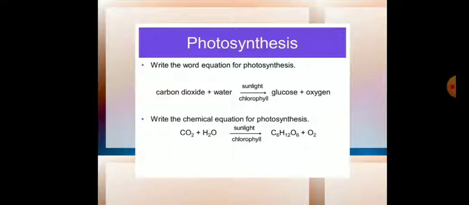CO2 stands for carbon dioxide, water stands for H2O, the chemical formula of glucose is C6H12O6, and plus oxygen means O2. So in this slide I am showing you the word equation and chemical equation for photosynthesis. Learn this equation, it is very important.